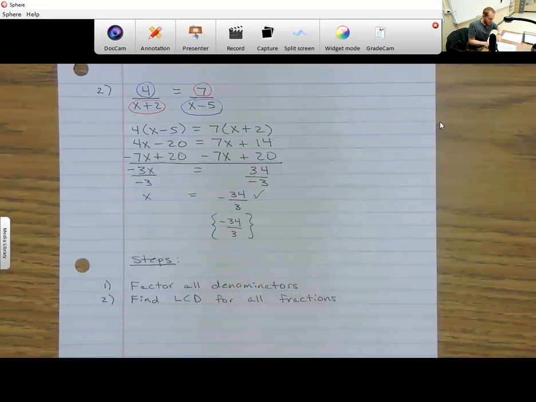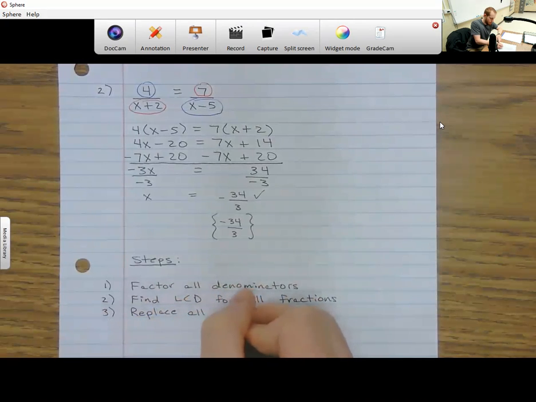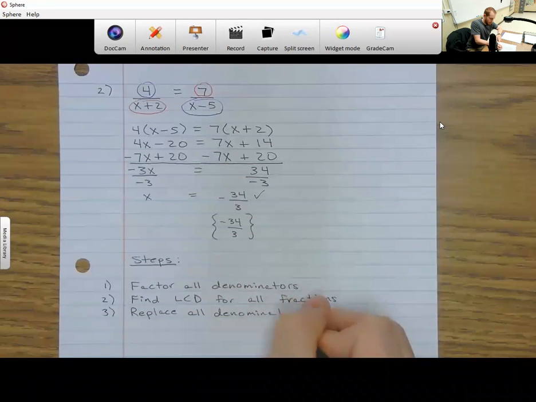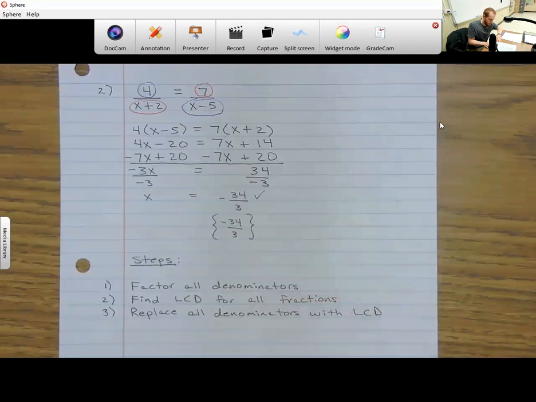So once you find that least common denominator, what you want to do after that is replace all denominators with the LCD. So you want to replace all the denominators with the new denominator that you just found, that least common denominator.